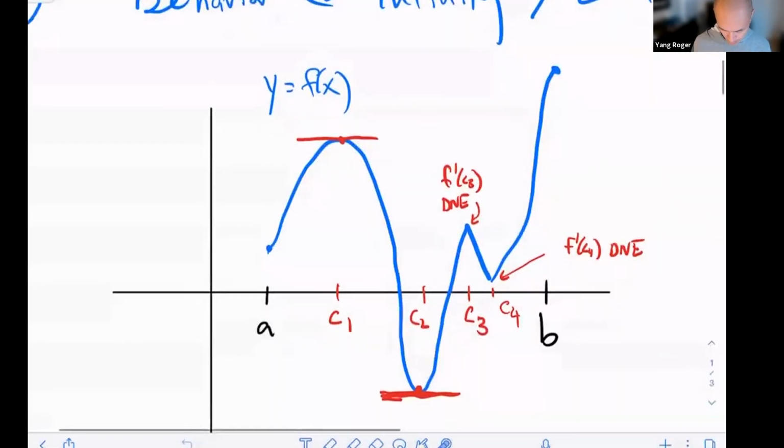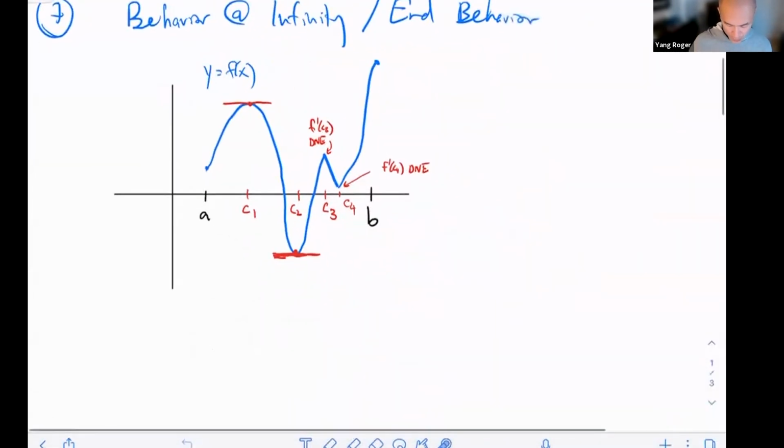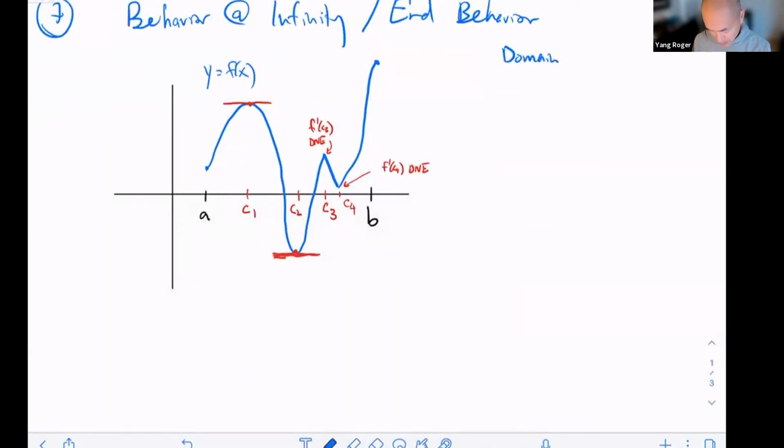So if you look at this picture, we can say that our domain is going to be this closed interval AB.